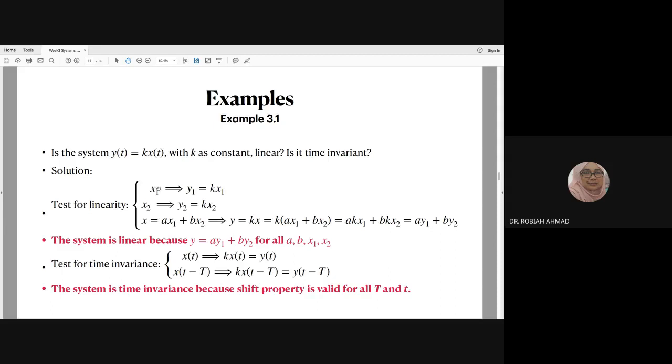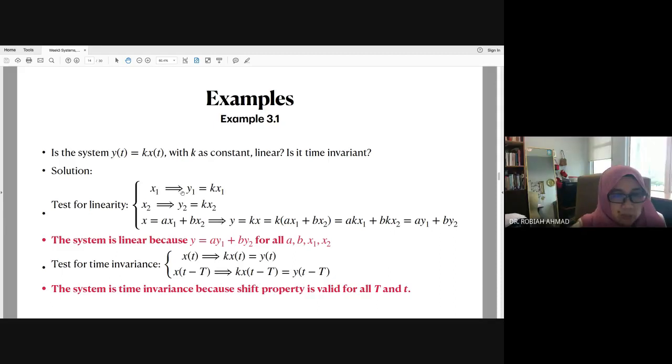Okay, so to do that, we test for linearity. So let's say kita ada x1 which will produce y1, and the system output is the input multiplied with some constant, let's say the constant is k. So y1, based on the equation for this example 3.1, is the input times some constant value.